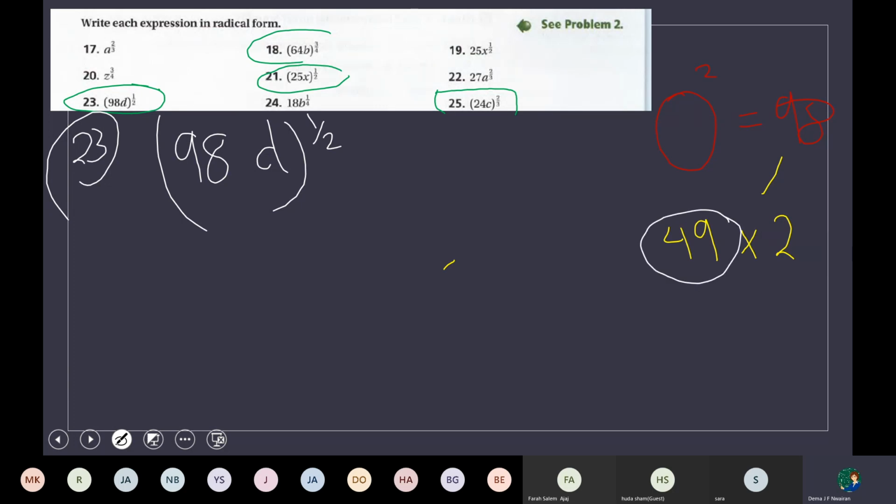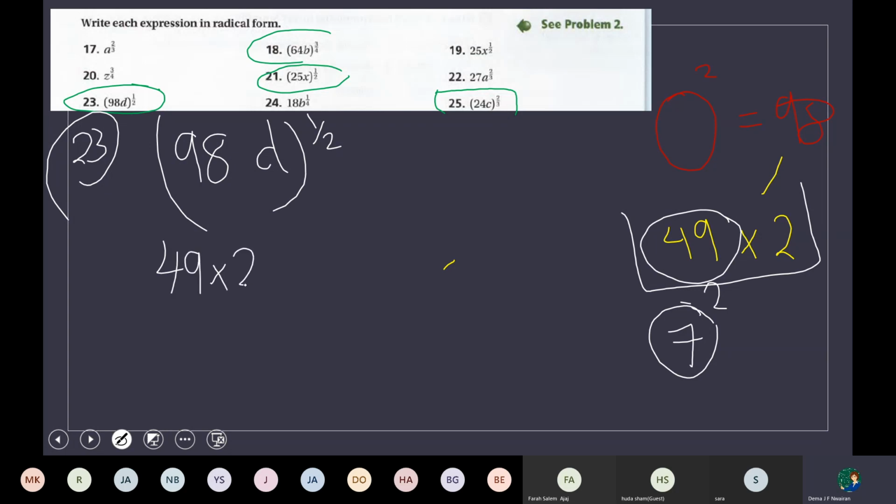Then the third question: is there a number that if I raise it to 2, I get 49? Yes, 7. So 7 to the power of 2. Let's now take 49 multiplied by 2, then multiplied by d.